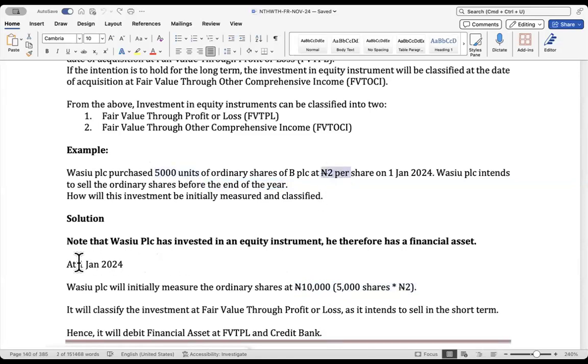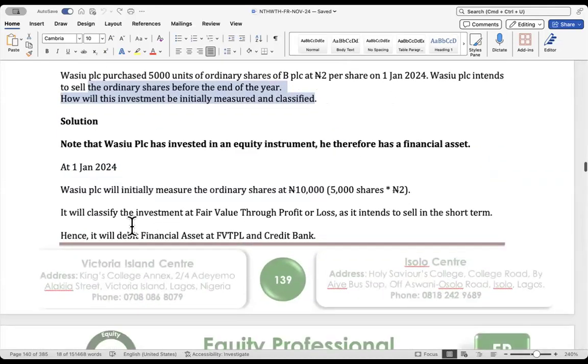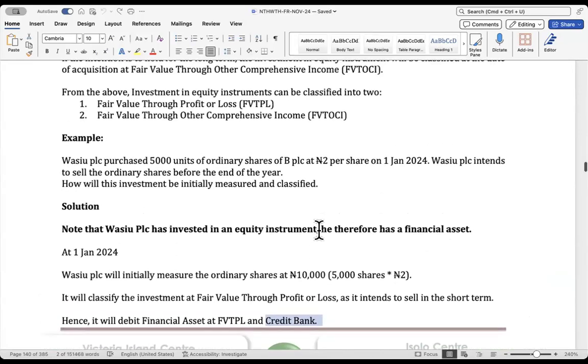And at this same date he bought the shares, he's going to classify that investment at fair value through P/L because he intends to sell it before the year end. Hence, he will debit financial assets at fair value through P/L and credit bank. That is how it is presented in the books.